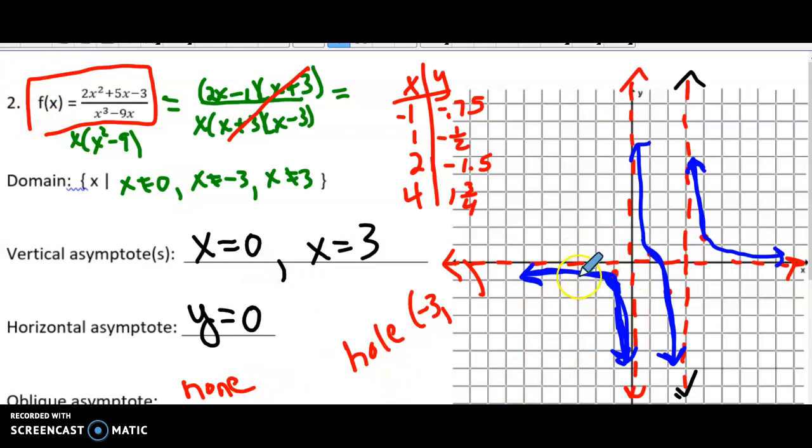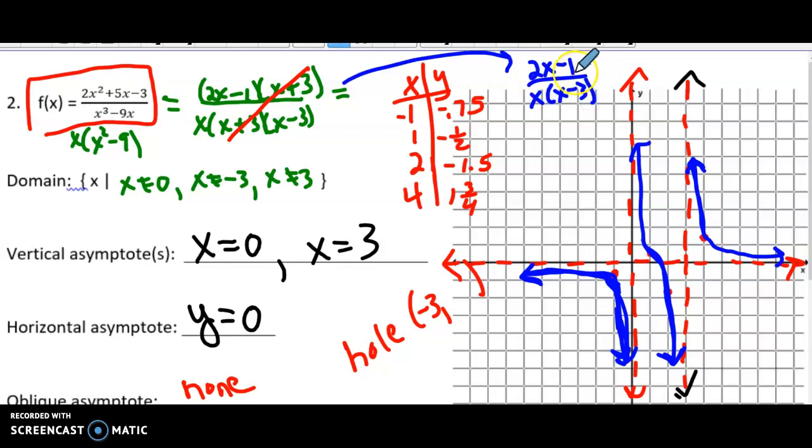Now, what's happening at -3? There should be a hole in the graph, and I didn't plot that. To find out what I'm getting close to, I put -3 in the simplified version. The simplified version would be (2x minus 1) over x(x minus 3).